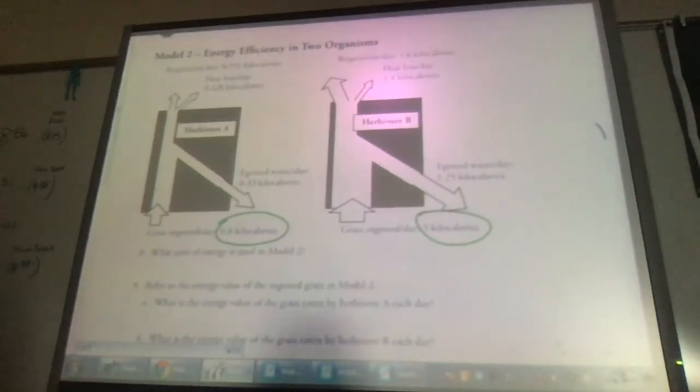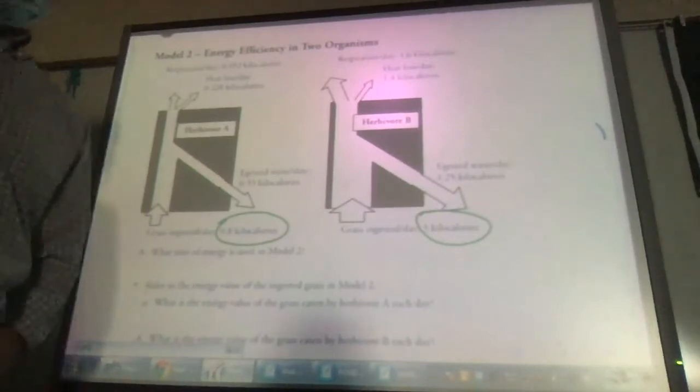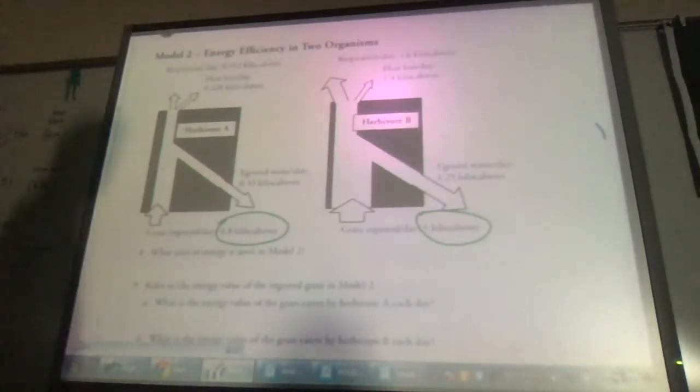So which one's probably the bigger organism? B. B's a larger organism because it's consuming more calories. Therefore, we're assuming it has greater energy needs. So it would make sense that B is probably a larger herbivore compared to A. Maybe B is more like a deer and A is more like a rabbit. I'm not saying that's exactly what it is, but it might be some comparison like that.